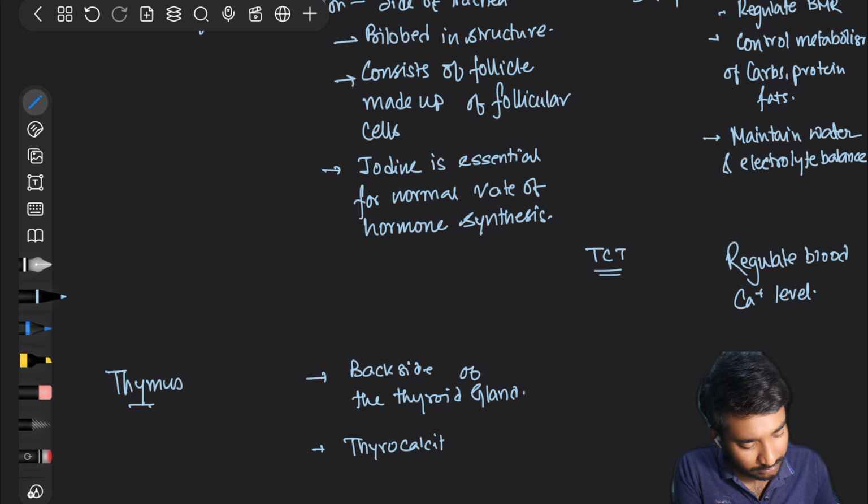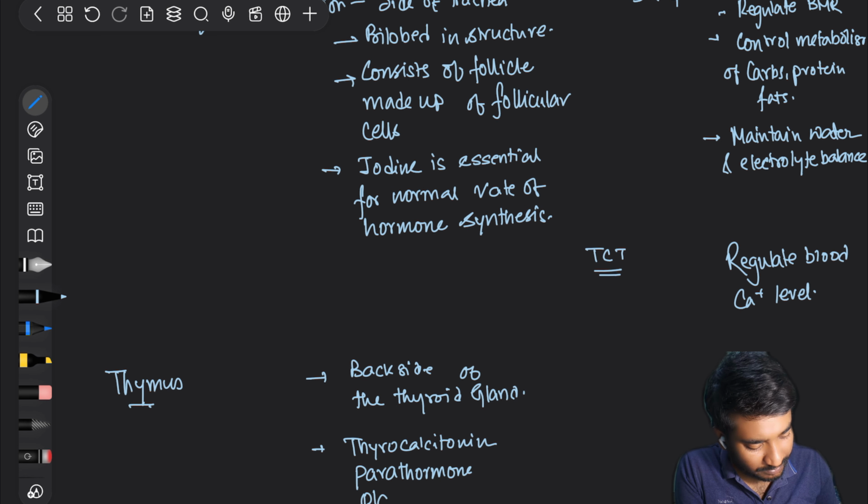Thyrocalcitonin and parathormone play a significant role in calcium homeostasis.